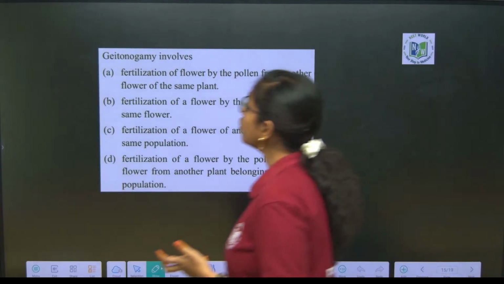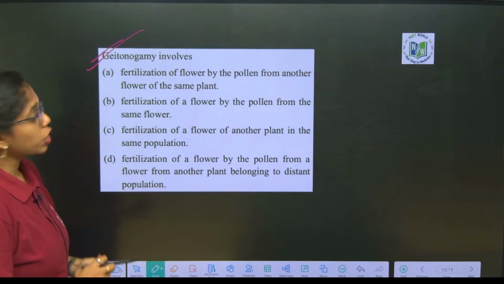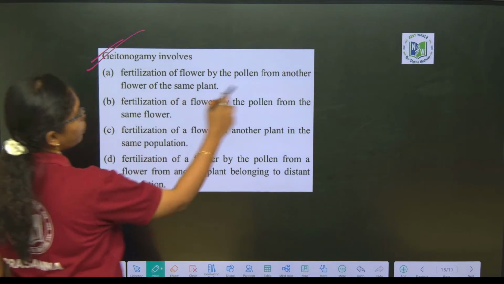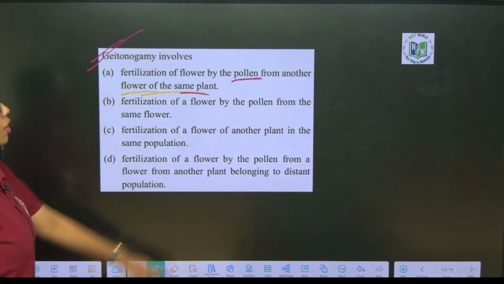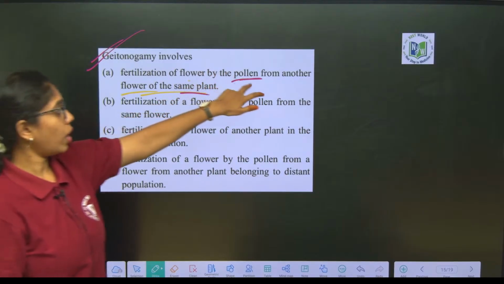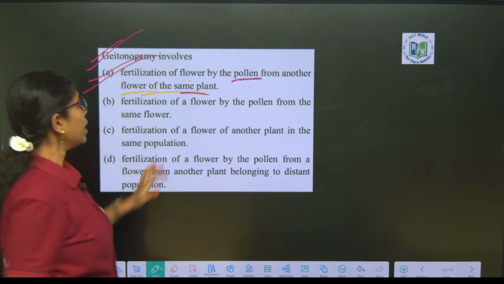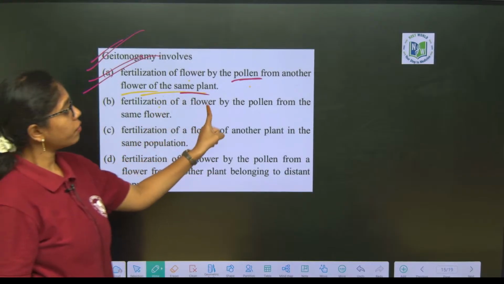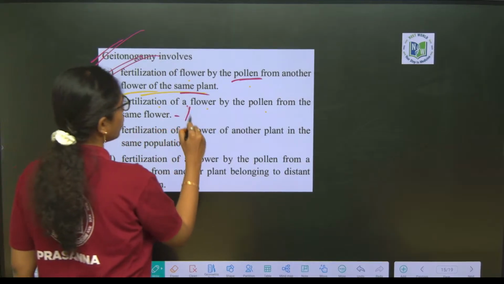Next question. Geitonogamy involves what? Geitonogamy involves fertilization of a flower by pollen from another flower of the same plant. Yes. This is geitonogamy, but let us look at the other statements as well. Fertilization of a flower by pollen from the same flower, this is autogamy.